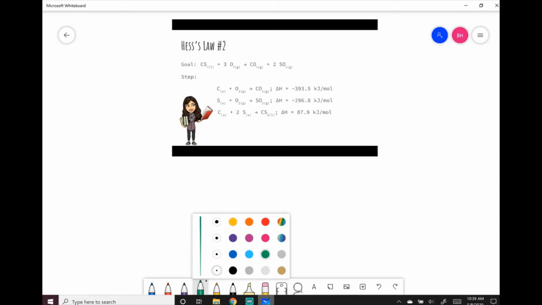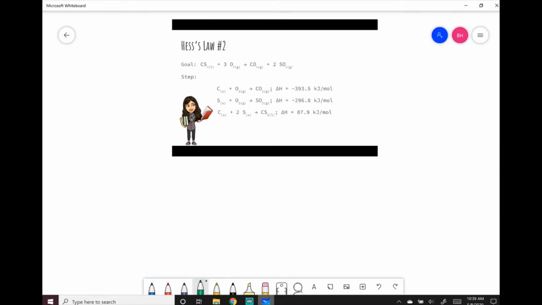So the first thing that I'm going to do is look at what I have as my reactants in my goal step. If I look at my first substance right here, I have 1 mole of carbon disulfide. Now, what I want to do is look at my steps and see in what equation do I have that compound. So I'm looking through my steps and what I see is that it's actually in this equation right here.